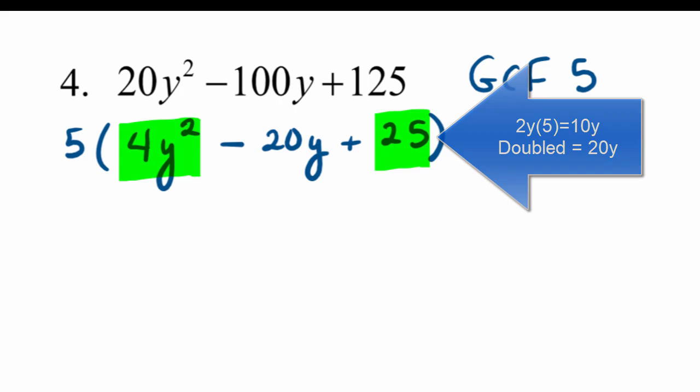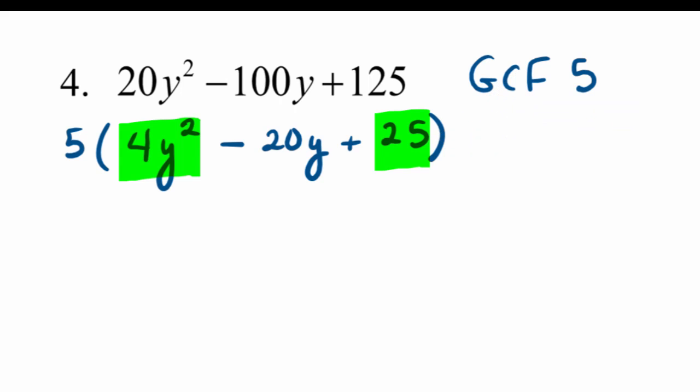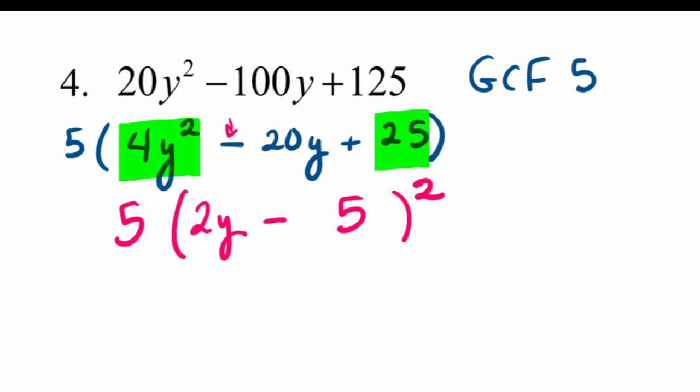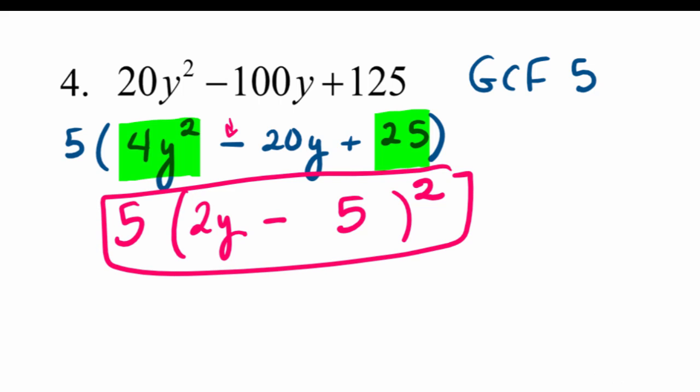Double that is 20y. So we have the right middle term. But we have to keep in mind that we have a subtraction, a negative sign in the middle. So there's a minus here. We squared a 2y and we squared a 5. So our factored form is that.